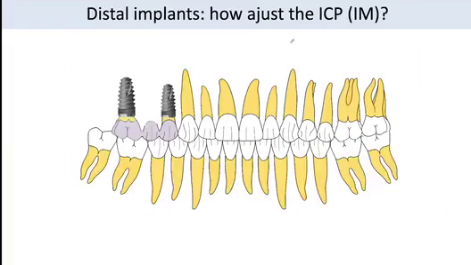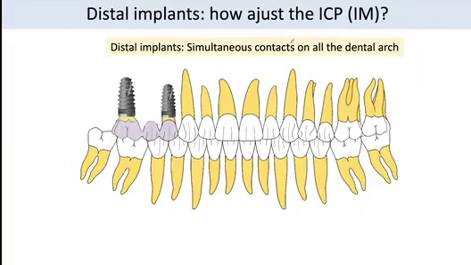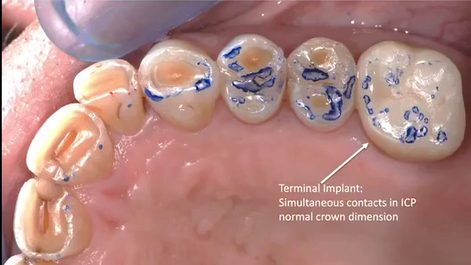So, in this situation of distal implant, with a unit or small bridge, the rule for me is simultaneous contact on the dental arch, even if you have an implant antagonist. It is natural, it is an implant crown on the molar, simultaneous contact in ICP.